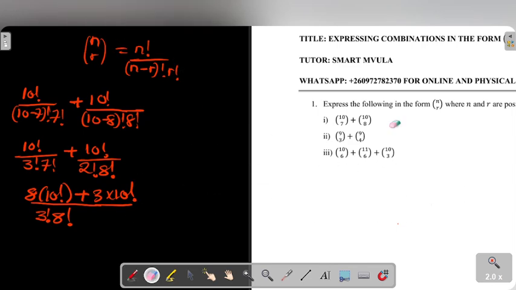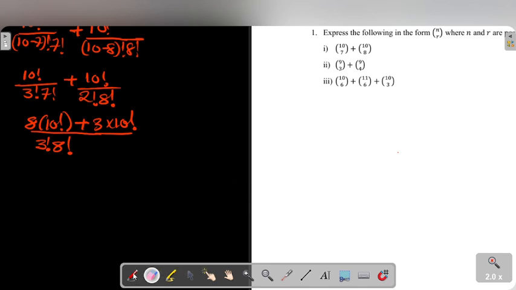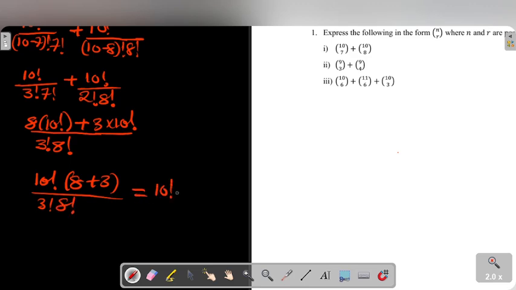From this point, on top, you can see that 10 factorial is common, so you factor out 10 factorial, meaning that we have 8 plus 3, then over 3 factorial 8 factorial. So now this will give us 10 factorial, then 8 plus 3, that's 11, over 3 factorial 8 factorial.